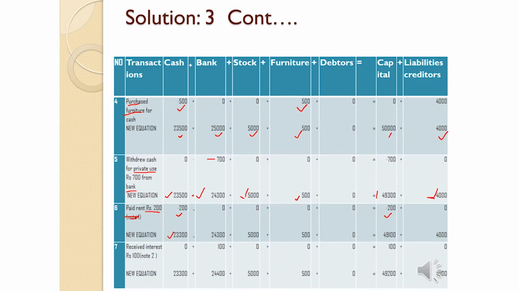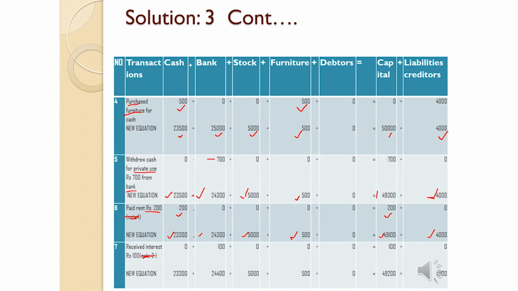Then bank balance 24,300. Here stock value 5,000, furniture value 500. Here capital amount is 49,100. Then creditors value 4,000. Then the next one is received interest, rupees 100. So interest received is income for us.